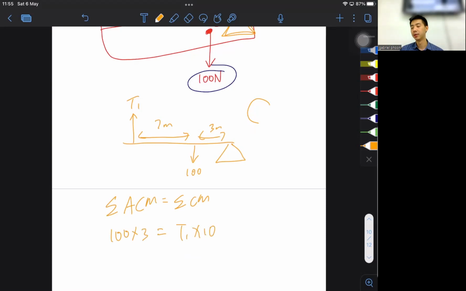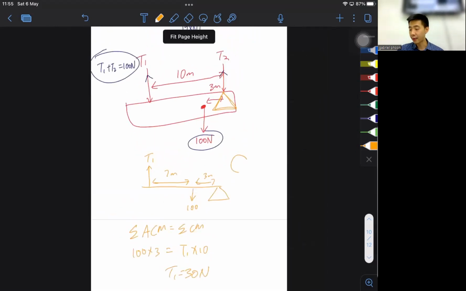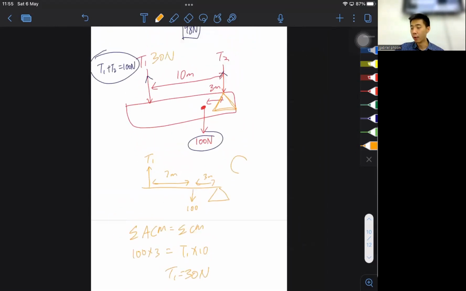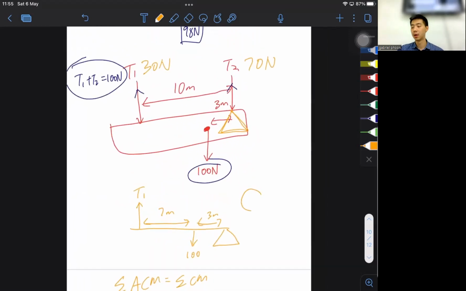Yeah, it will be 30 newtons. T1 will be equal to 30 newtons. Once I have this 30 newtons here, I know for a fact that this one here is supporting the rest of the 70 newtons.